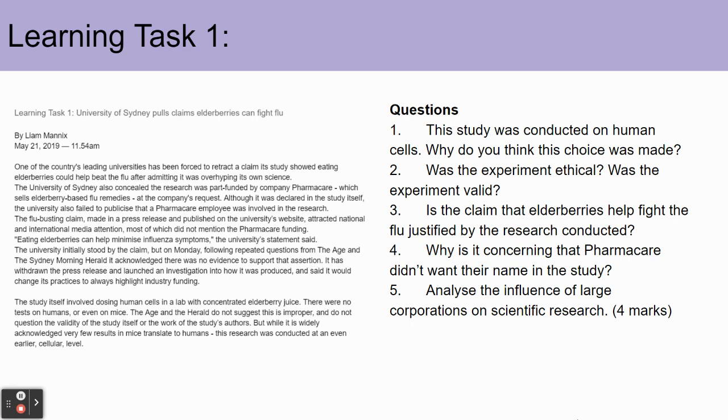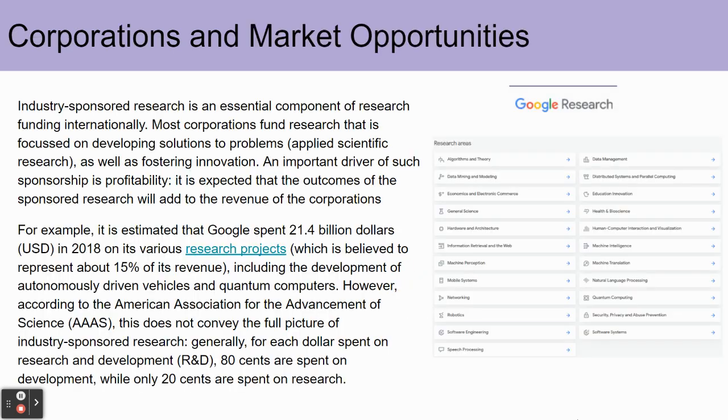So they had a conflict of interest that they failed to publicize, and therefore the study had to be pulled because it didn't align with the ethical part of research in terms of identifying conflicts of interest.